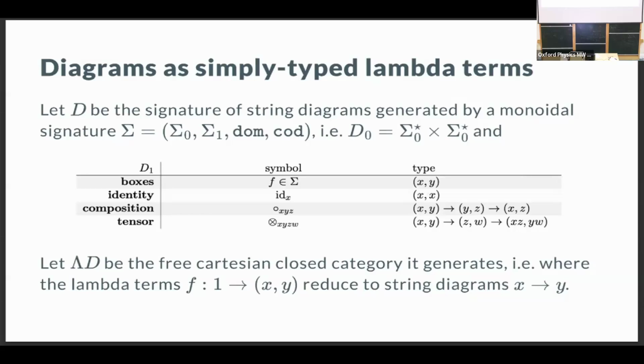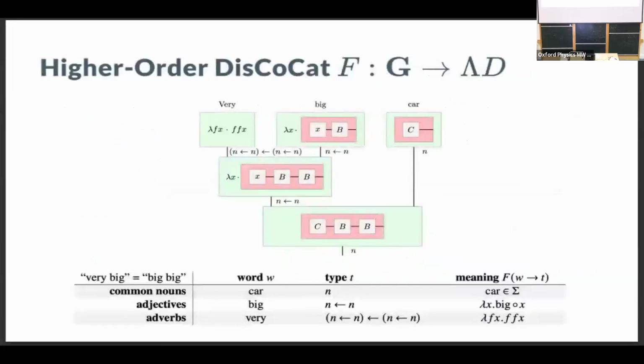So if you have open variables, then it will be a string diagram where some holes are missing for including diagrams, nesting diagrams inside. So you've got this lambda-d, and now you just play the same game and take functors from a grammar to the free Cartesian closed category generated by the signature of string diagrams.